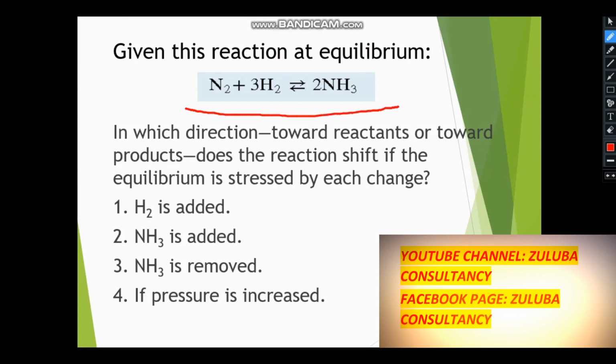The first change is the addition of hydrogen, the next one the addition of ammonia, the other one the removal of ammonia, and if the pressure is increased.